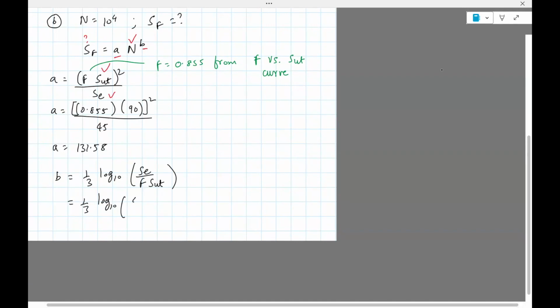SE is 45, F is 0.855, SUT is 90. So B comes out to be minus 0.0776.